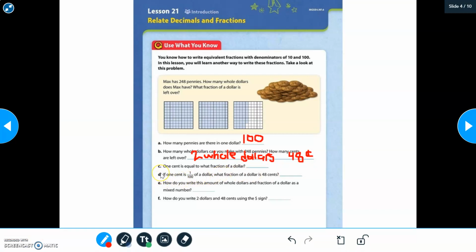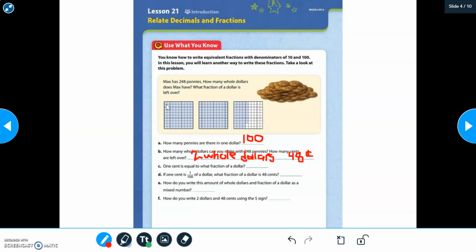All right, let's look at C. 1 cent is equal to what fraction of a dollar? So let's see. If we use this 100th grid, and let's say that the whole 100th grid was white, and I only just colored in one of these little squares, that will represent that 1 cent.